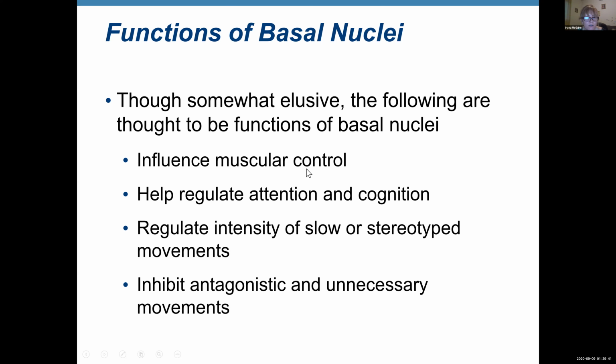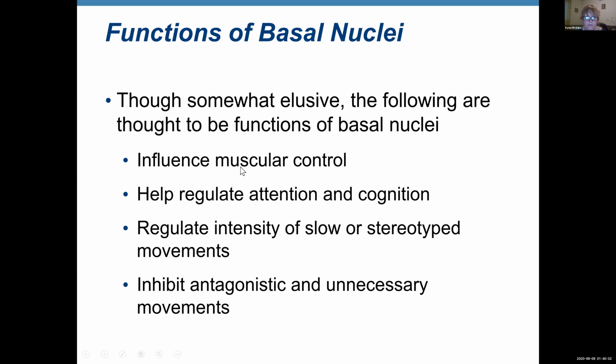They influence muscular control, help regulate attention and cognition, regulate the intensity or slowing of stereotyped movements, and inhibit antagonistic and unnecessary movements. That's why in Parkinson's disease, what is the problem?